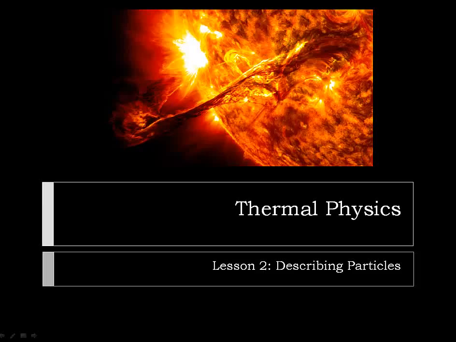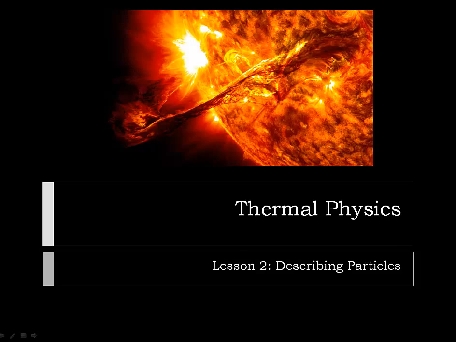In this lesson, we will start off by defining some new terms. These new terms, their purpose is to relate individual particles that make up a substance to larger quantities of that substance, so that we can relate the number of individual particles to the amount, the macroscopic amount, the mass that we have of that substance.